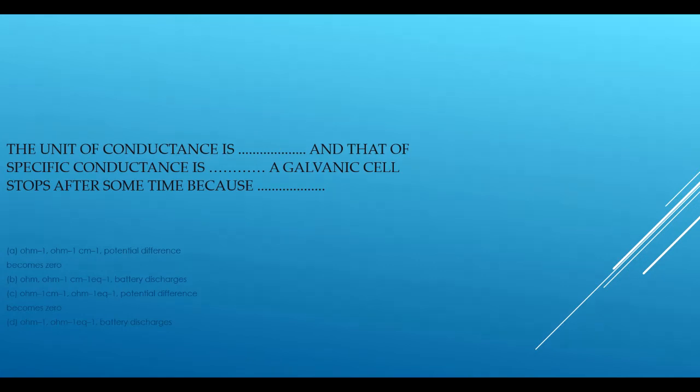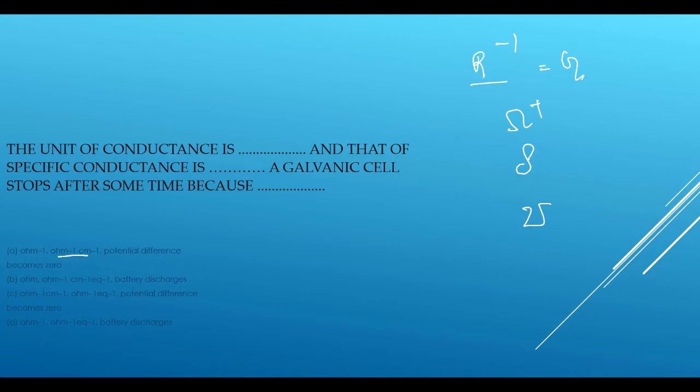As we know, conductance is the opposite of resistance. If we have R, the opposite of R will be the conductance. So R to the power minus 1 is equal to conductance. The unit of conductance is ohm inverse, Siemens or mho, and the unit for specific conductance will be ohm inverse centimeter inverse.